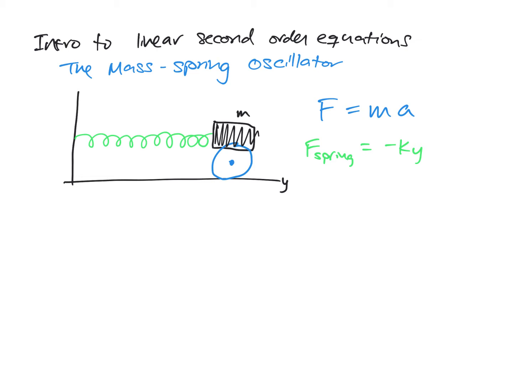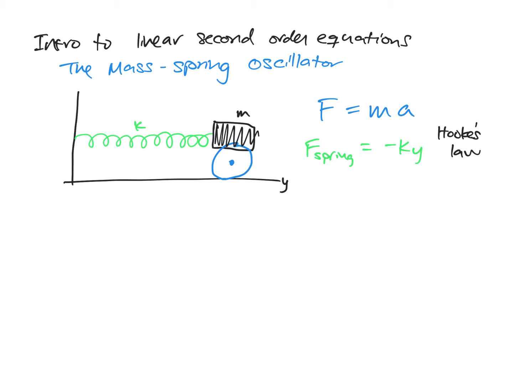And I'm going to put Hooke's law over here. And k is some proportionality constant that has to do with the stiffness of the spring. And this term is negative because it goes opposite of the direction of the displacement.